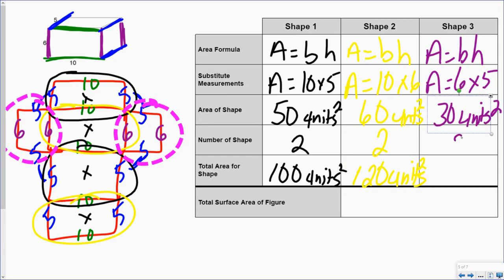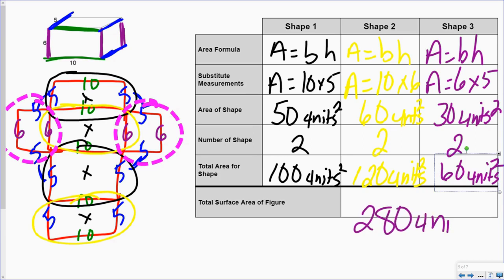And again, I have 2 of those shapes. So if I double 30, that gives me 60 units squared. Now my total area would be 100 plus 120 plus 60, which gives me a grand total of 280 units squared for my surface area of this 3D figure.